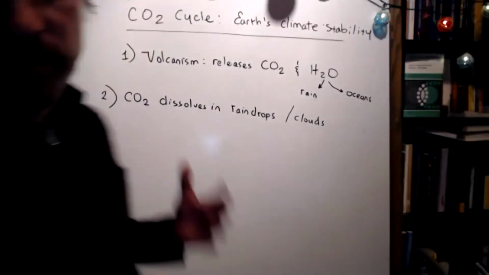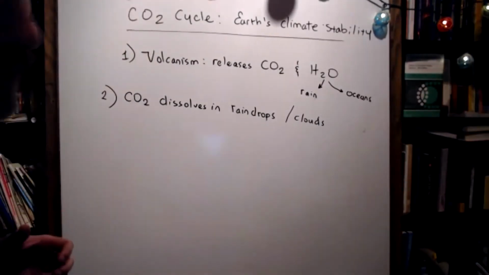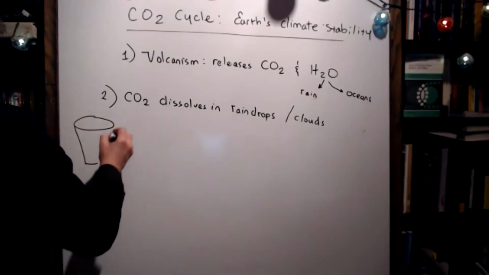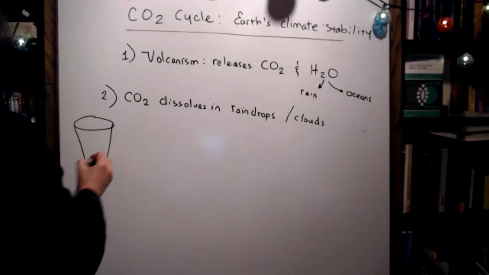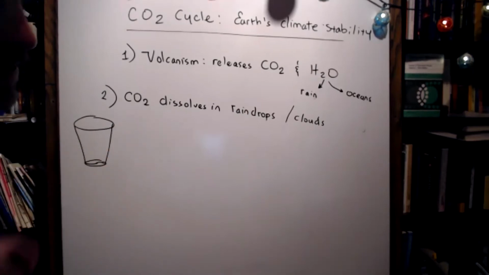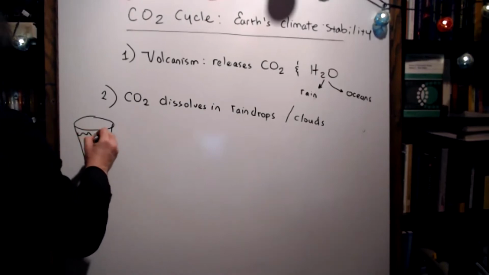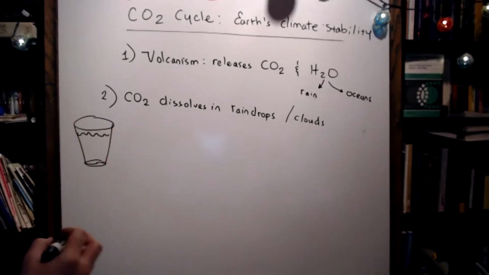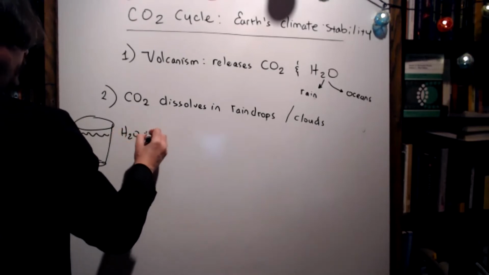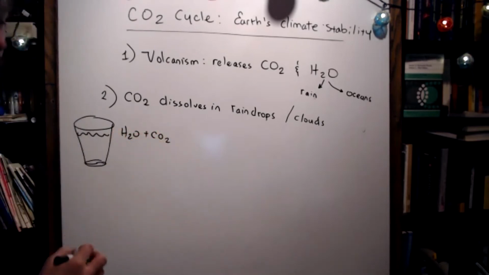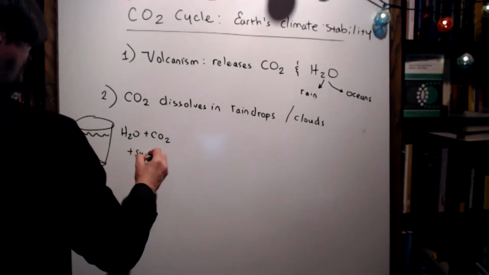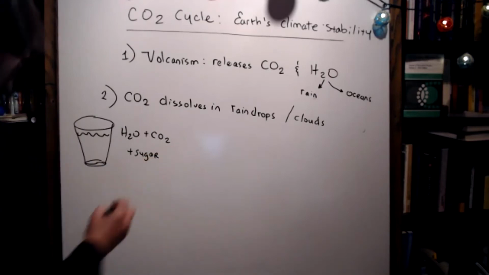I don't know if you guys remember this, but there's a reason why Coca-Cola tastes so good when it's fresh and it's carbonated, and it tastes so bad once the soda goes flat. You guys know that brown bubbly Coca-Cola is a combination of H2O. They dissolve some carbon dioxide into the water, and then they add some sugar in the form of high fructose corn syrup.